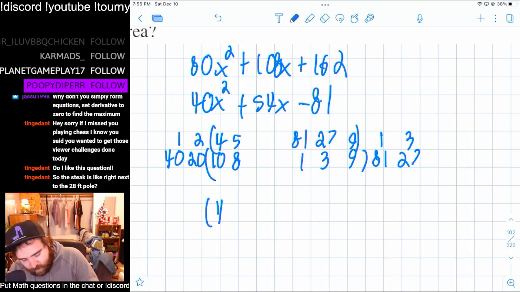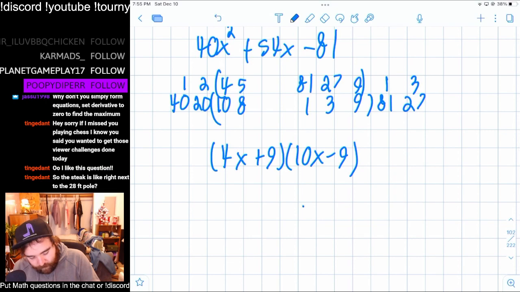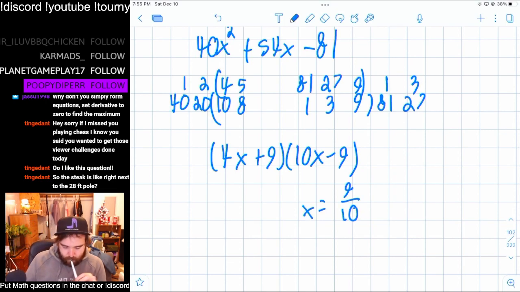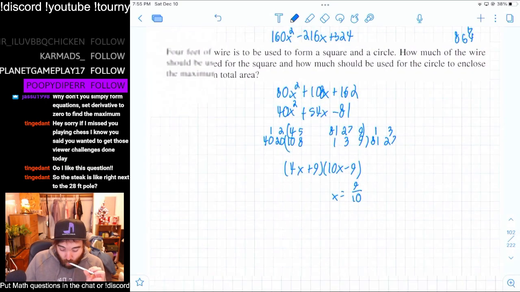This is 4x plus 9 and 10x minus 9. Did you get positive 90x and then minus 36x? Oh my gosh. So I get x equals 9 over 10. What?